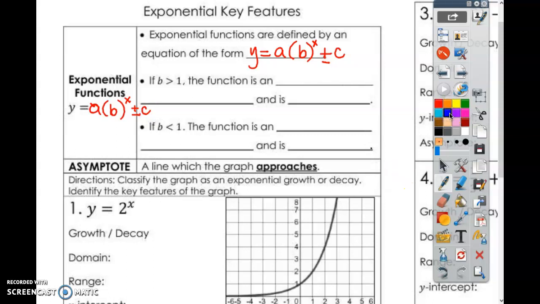If b is greater than 1, that means the number with the exponent is greater than 1, then it's going to be an exponential growth, and it's going to be increasing.